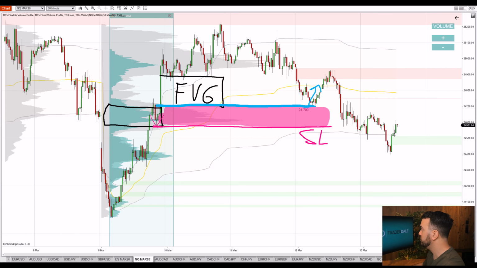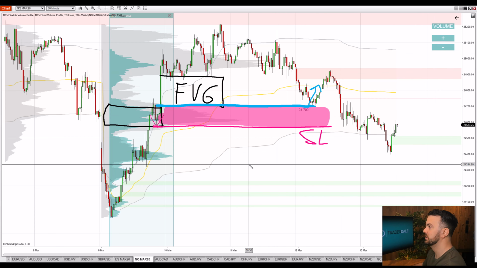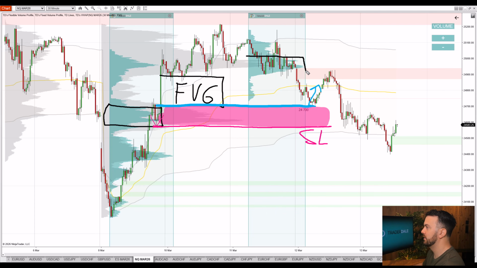Okay, so stop goes behind heavy volume zone, and regarding the take profit, it should go at the beginning of a significant volume zone. So in this case, this heavy volume zone represented a resistance. Okay, first resistance standing in the way of this long trade from here.